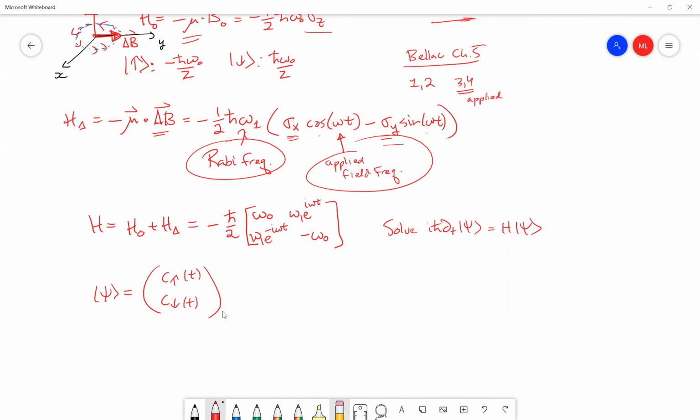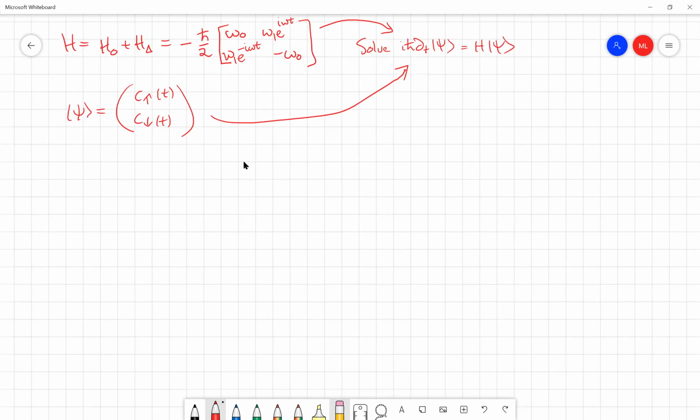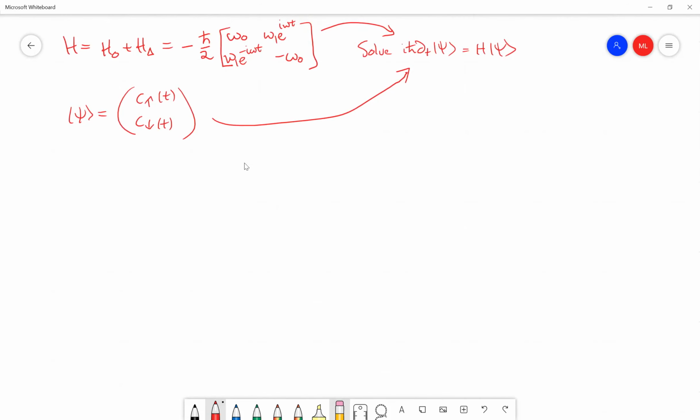And we just rewrite the Schrodinger equation in terms of this basis. We know what H is, so we just plug this into the Schrodinger equation and write down the set of equations for C up and C down. And of course, it's all normalized, so there's this constraint.